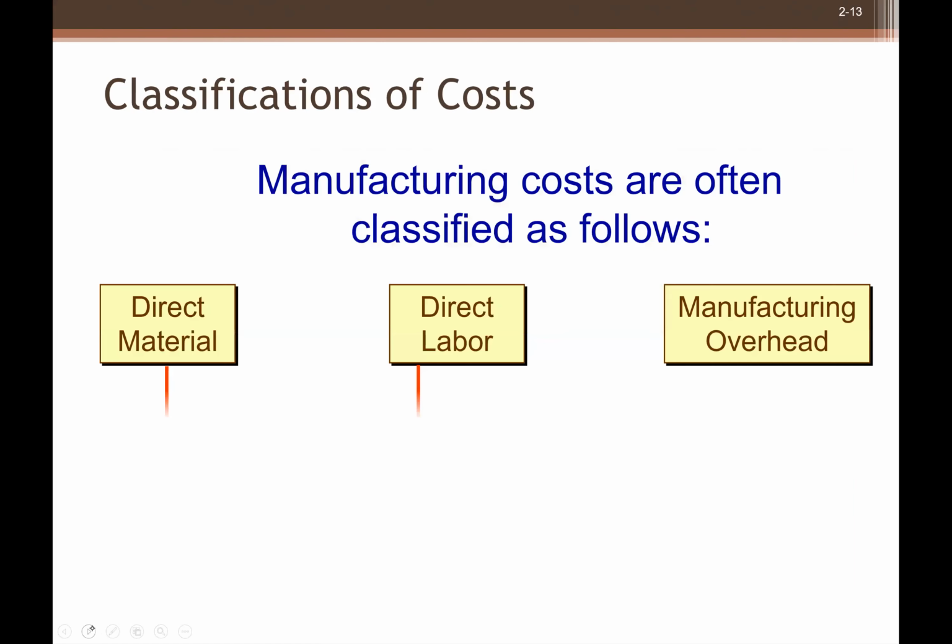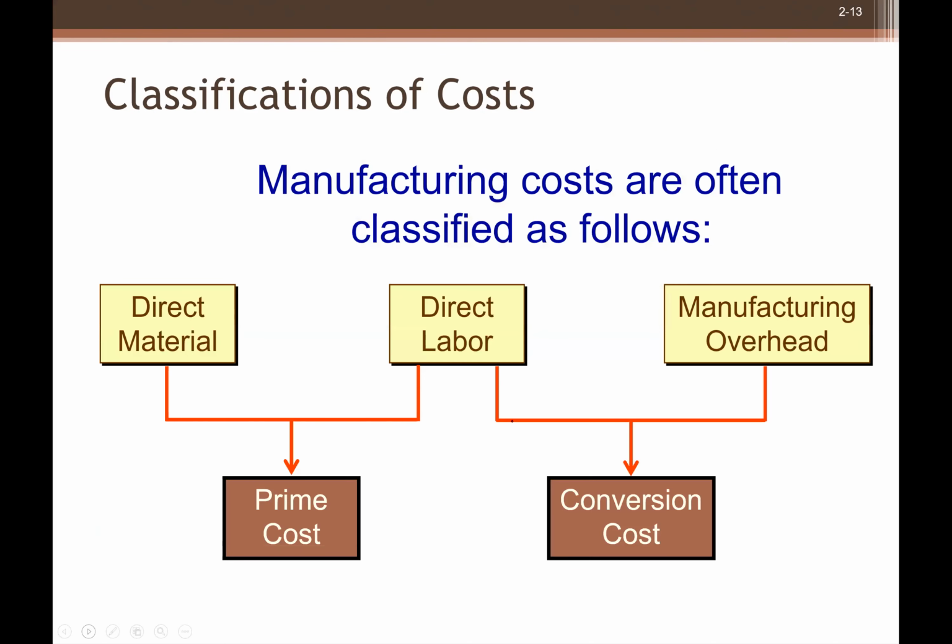If we classify based on prime cost and conversion cost, then manufacturing costs are often classified as prime cost and conversion cost. Prime cost we call direct material and direct labor, while the conversion cost we call direct labor plus manufacturing overhead.